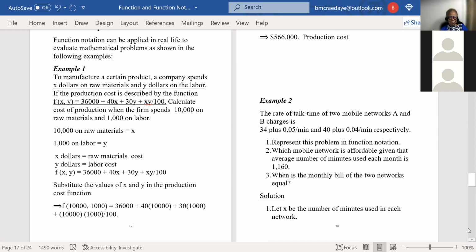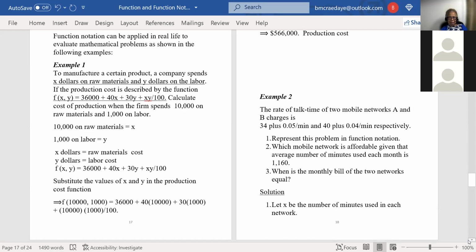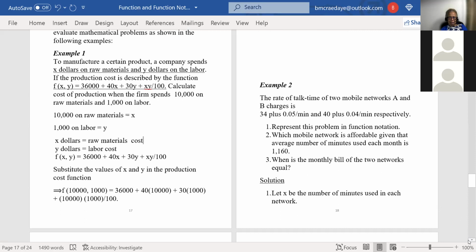Network A equals 34 plus 0.05. Okay, now if we let X be the number of minutes, then what would that look like? Per minute, so that would be multiplied by the minutes, which is X, right?